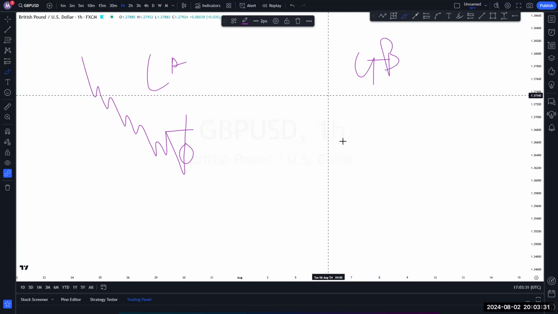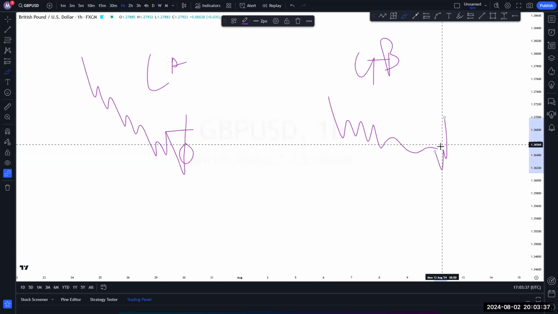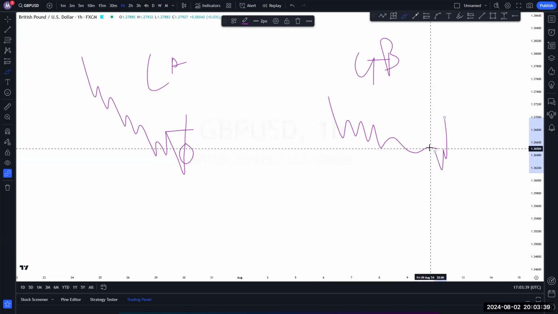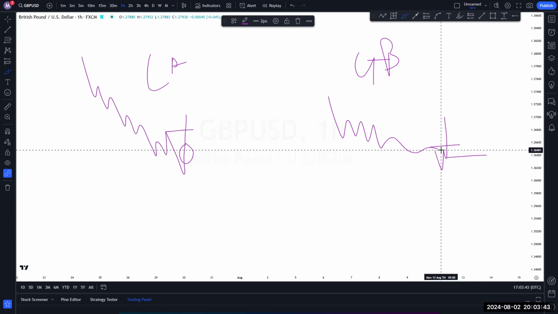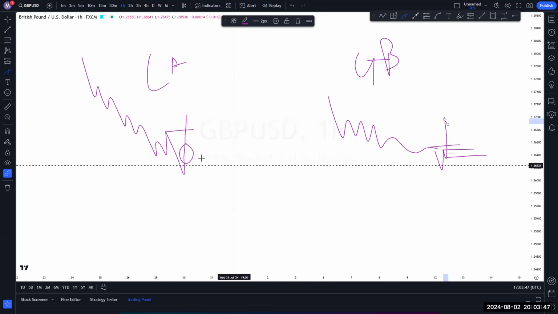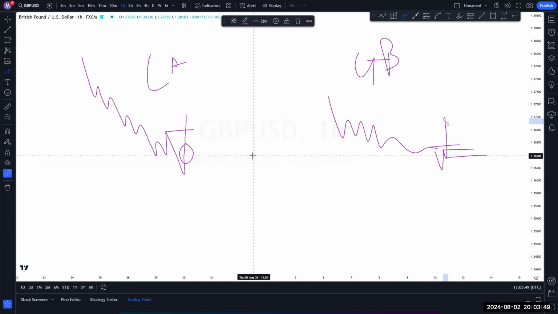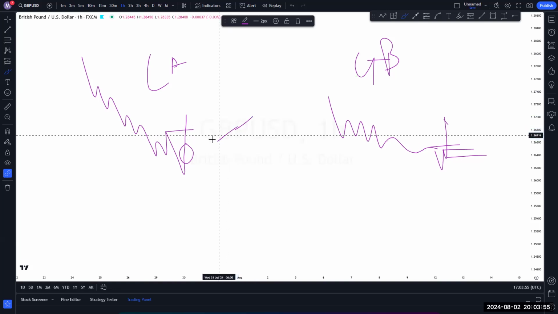So on GBP, you may be having something like this: price dropping, forming lower highs and lower lows, and let's assume that shift is here with an area of liquidity here. So now you're going to be confused. This one is having an area of liquidity, and this one, is it having an area of liquidity? And now if this has, and the master has no area of liquidity.